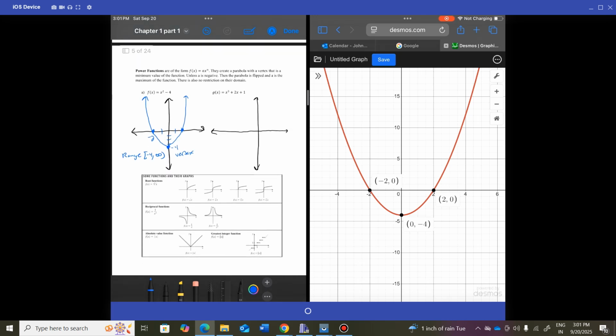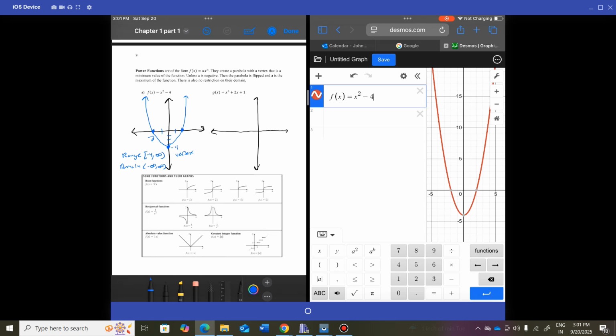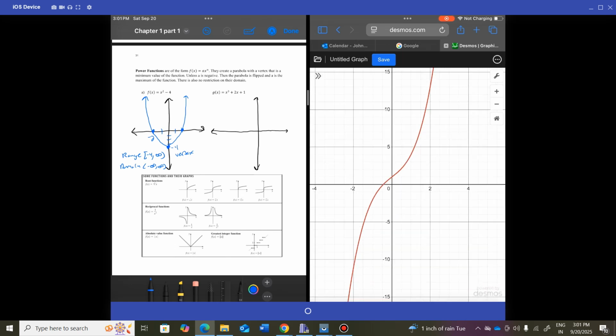This one, the domain was again all real numbers. Okay, and the cubic one has that snake-like look to it. It crosses the y-axis at 0, 1, and the x-intercept at -0.4534.